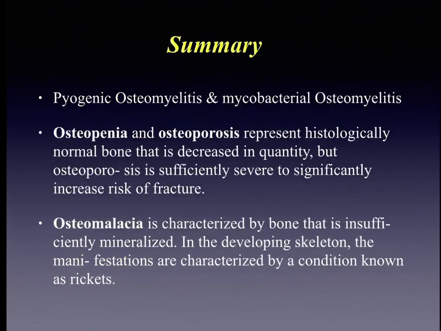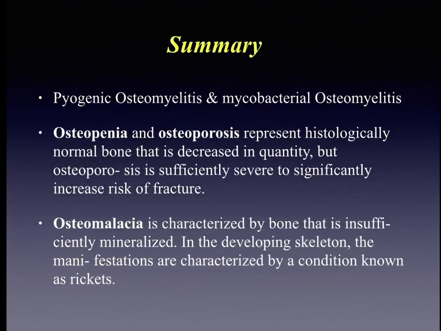Just to summarize, pyogenic osteomyelitis and mycobacterial osteomyelitis are the main types of osteomyelitis. Pyogenic osteomyelitis is almost always caused by bacterial infections like staphylococci.